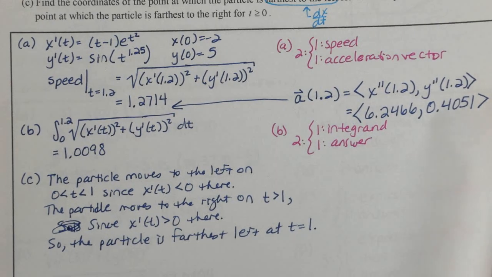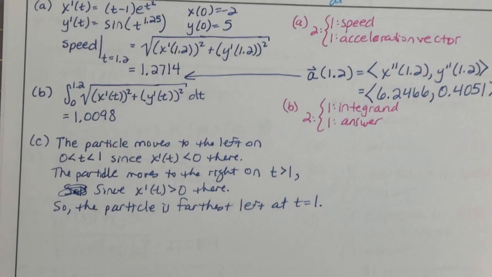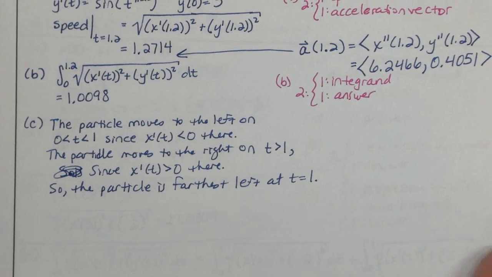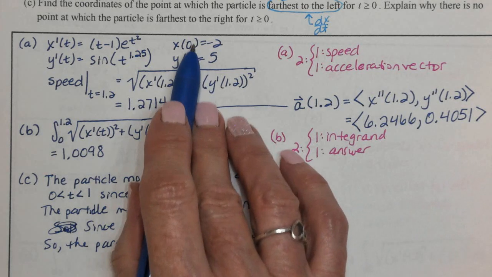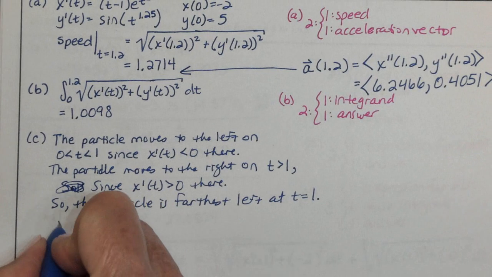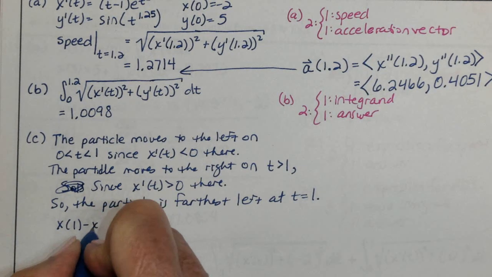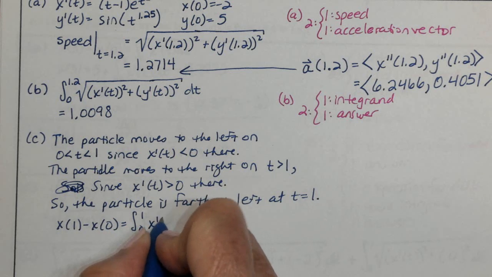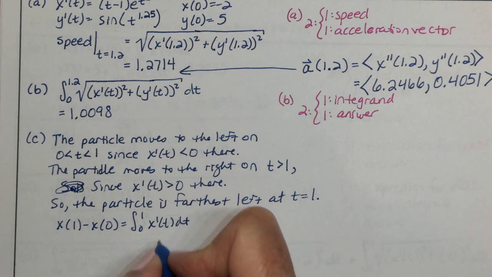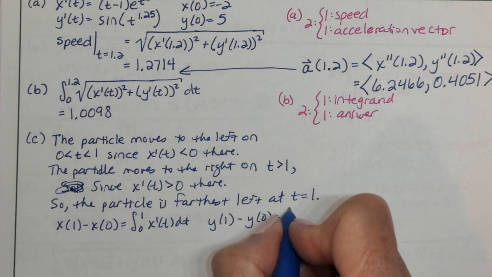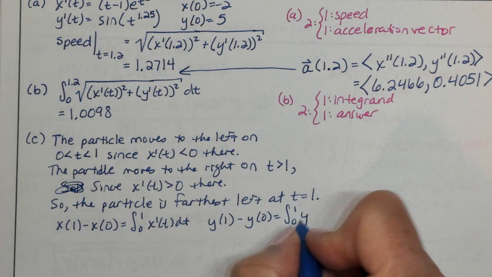We want the coordinates of the point there. So I want x at time 1 and y at time 1. This is where I'm going to be using my initial conditions and the fundamental theorem of calculus. So x at time 1 minus x at time 0 is the integral 0 to 1 of x prime. y at time 1 minus y at time 0 is the integral 0 to 1 of y prime.